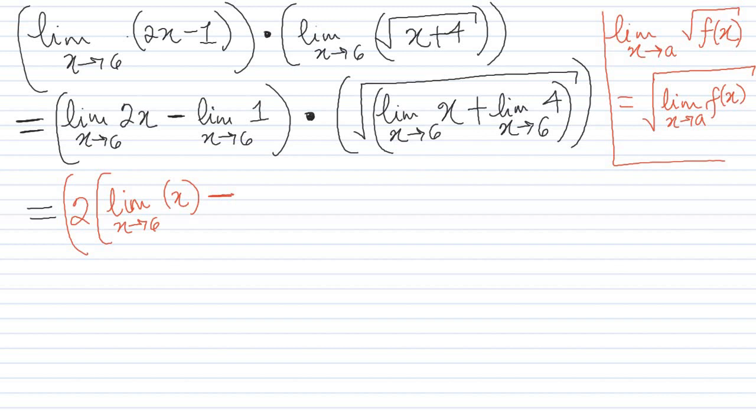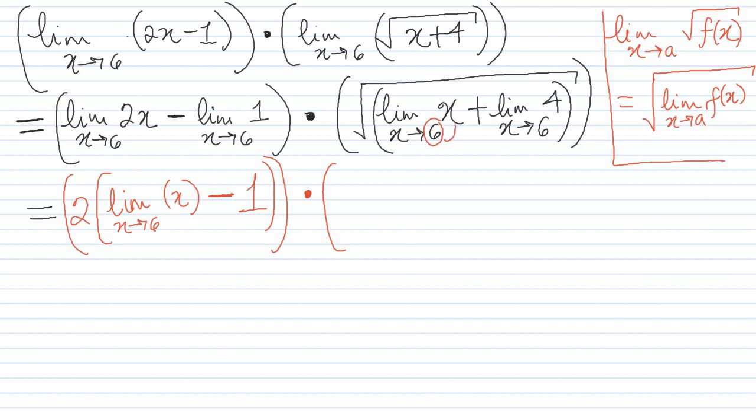Regardless of what the input value of x is, the limit of a constant is just the constant. So we put a negative 1 here, multiplied by this whole thing.